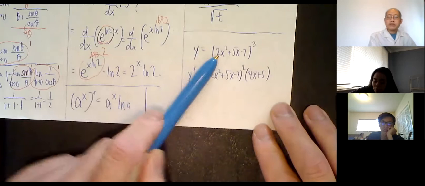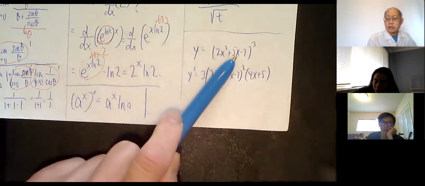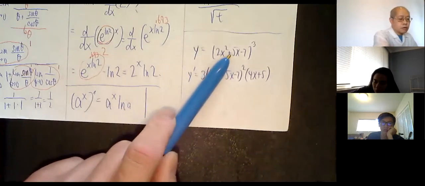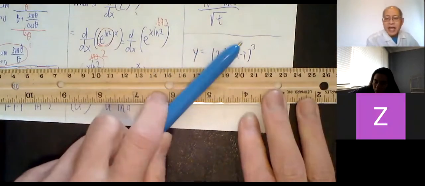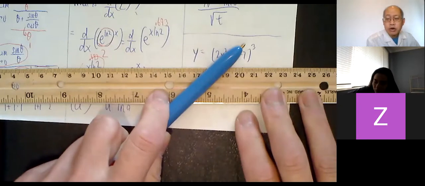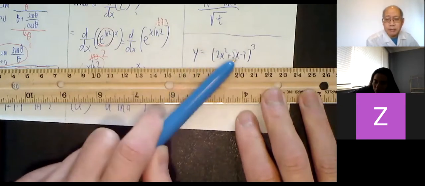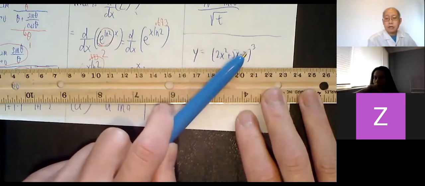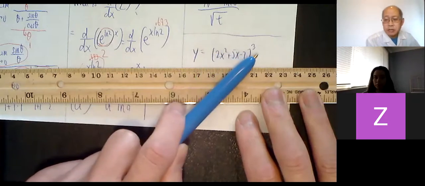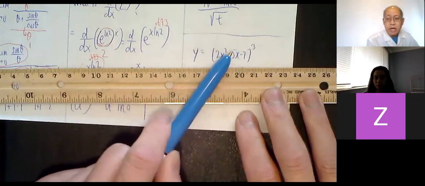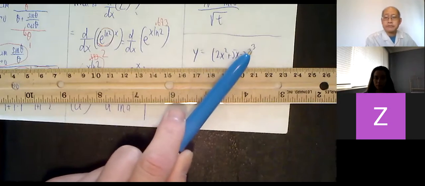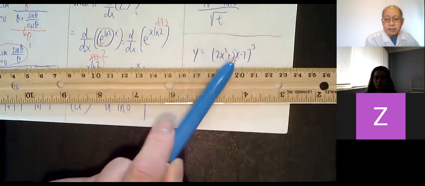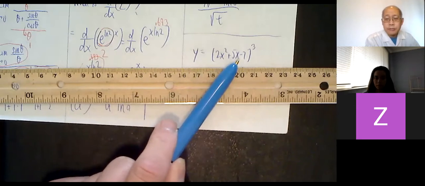y equals (2x squared minus 5x plus 7) raised to the third power. So it's not just x cubed. It's a more complicated function cubed. We know how to differentiate x cubed, but what do you have here? Something much more complicated. There are two functions, the cubic function and 2x squared minus 5x plus 7.